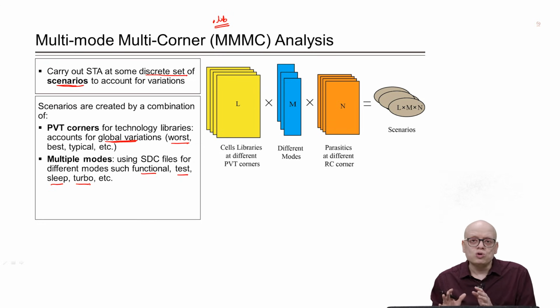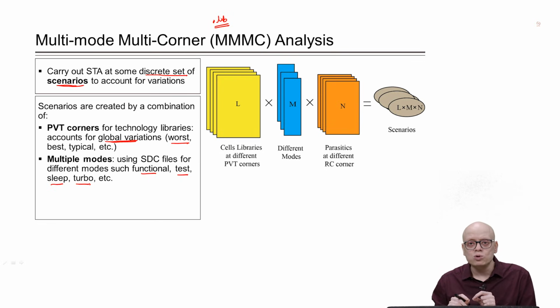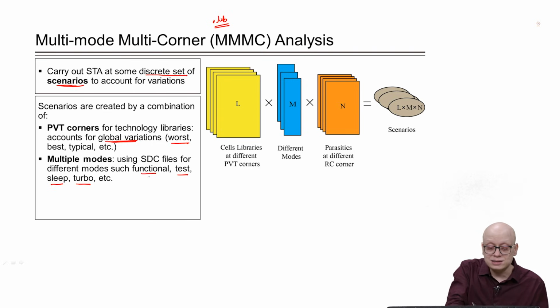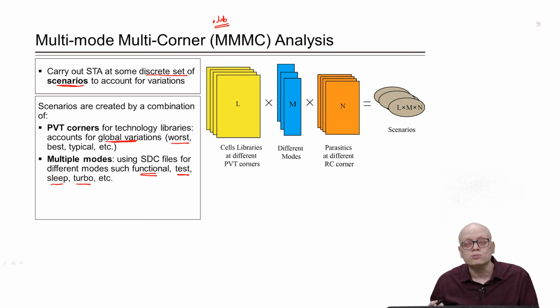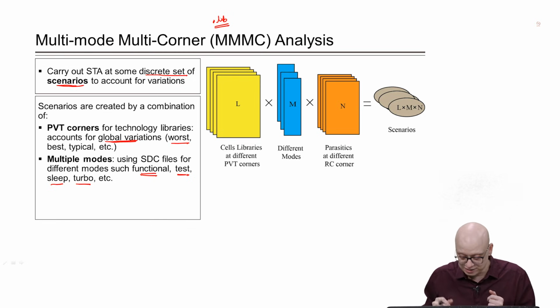So, there will be some controlling signal which will take a constant value, and the clock frequencies and other things can change in our design for different modes. Those kinds of effects are taken into account by writing different SDC files. There will be an SDC file, or the constraint file, for the functional mode, another SDC file for the test mode, another for sleep mode, another for turbo mode. So, these different SDC files define various modes in our design.